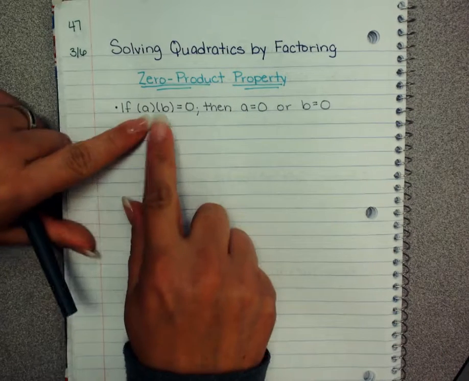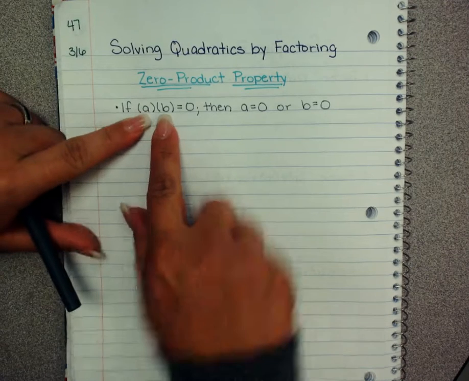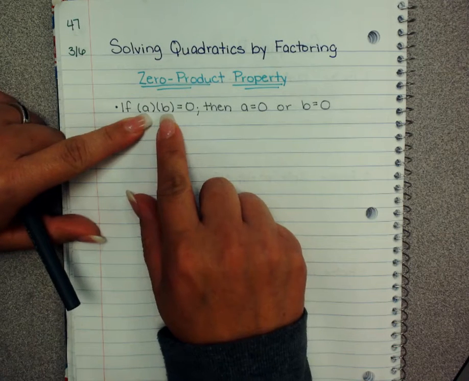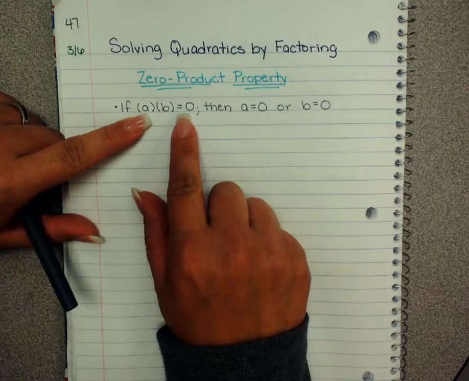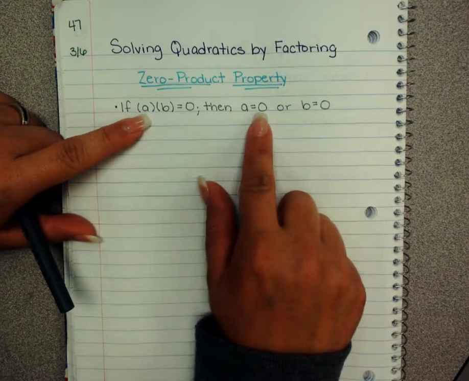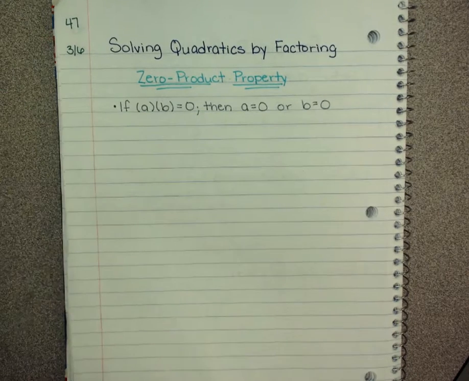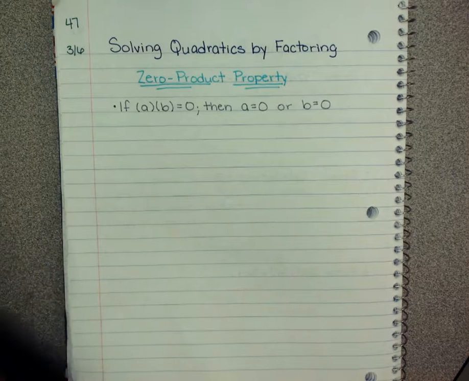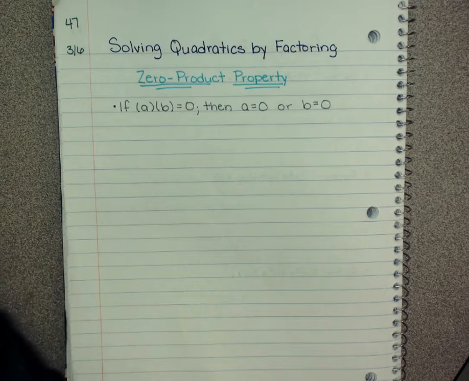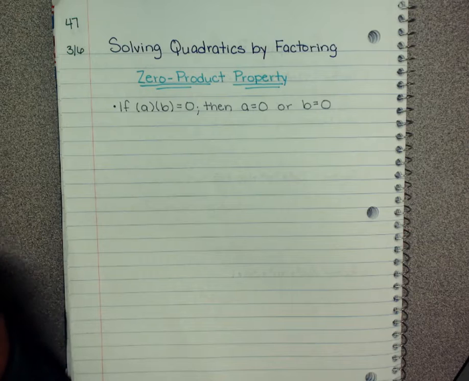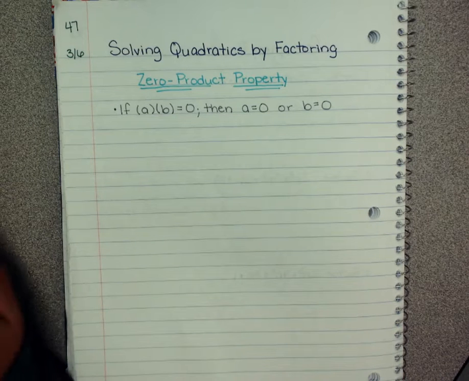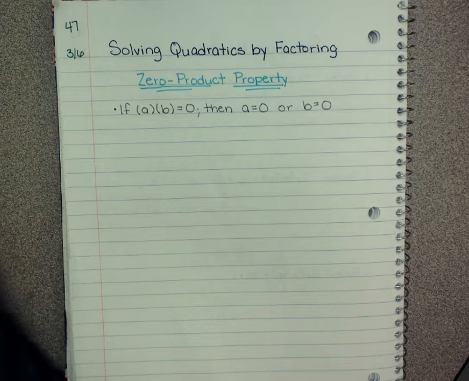So we've factored a quadratic and we've gotten this parentheses times this parentheses, but now we're setting them equal to 0. Then A is equal to 0 or B is equal to 0. So in this type of problem, instead of just having y is equal to x squared plus 2x plus 3, we're going to get x squared plus 2x plus 3 is equal to 0. Okay, so we're changing our functions around.